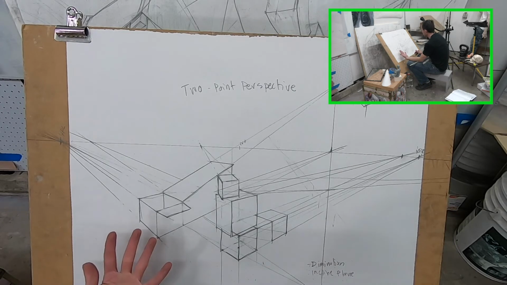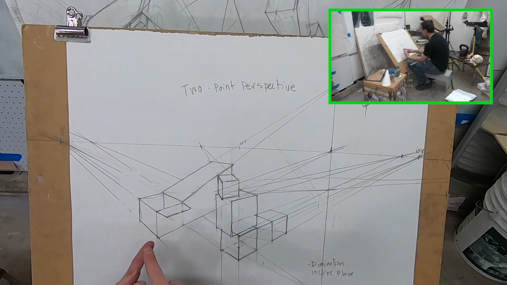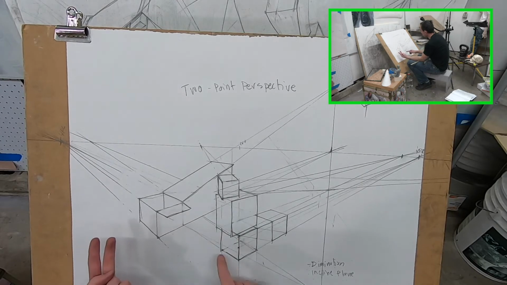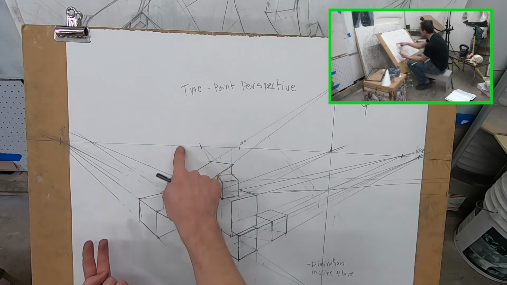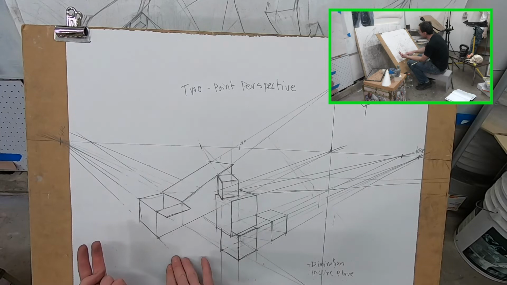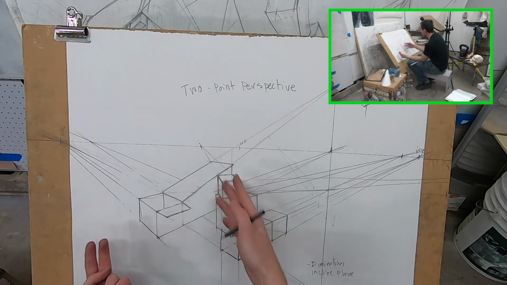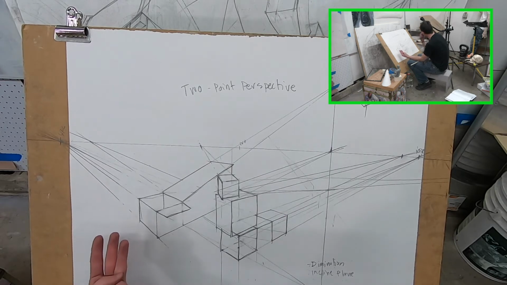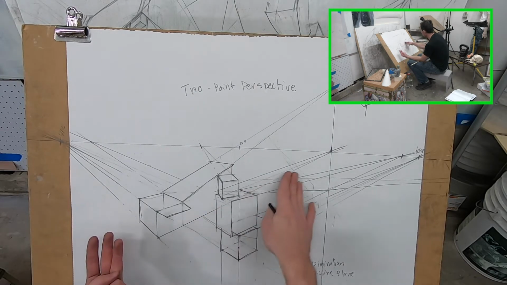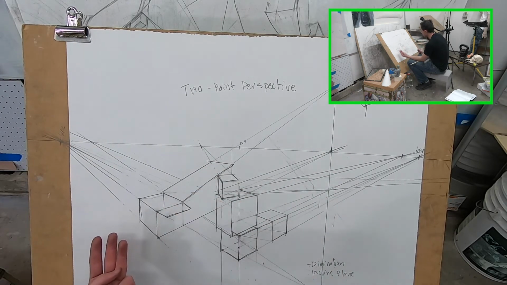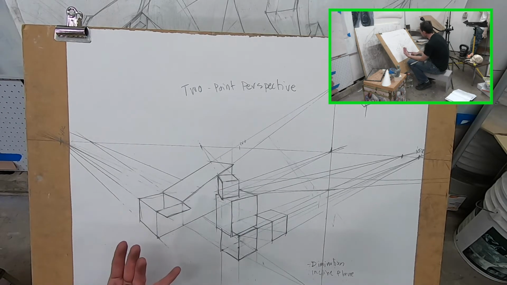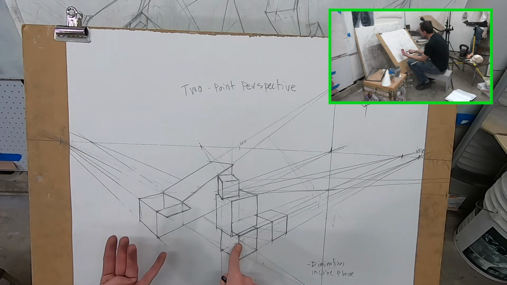Well, our 5 spatial indicators are overlap, that's at play here. Relationship to the horizon line, as these things move back in space, or, as they move up toward the picture plane, often they tend to feel like they're moving back in space. Certainly we have linear perspective, which is converging angles, and the way that that's creating a sense of space. We're using a little bit of atmospheric perspective just in the difference of line weight.